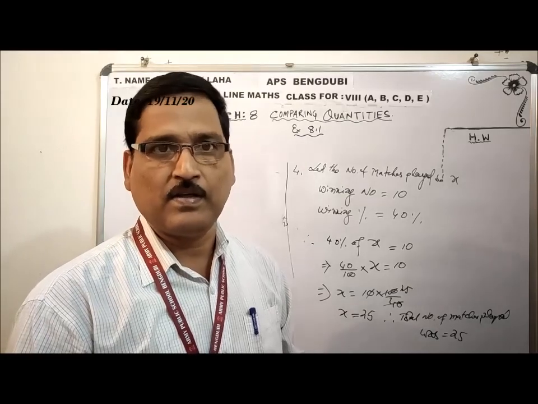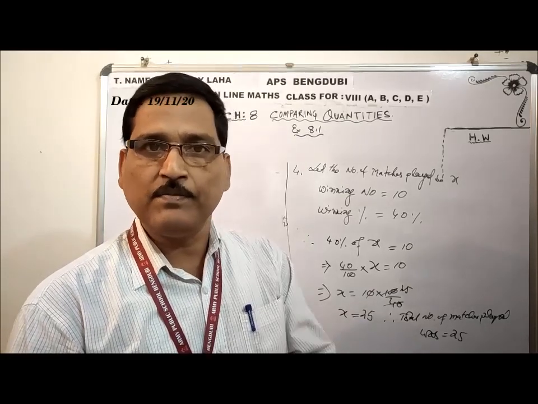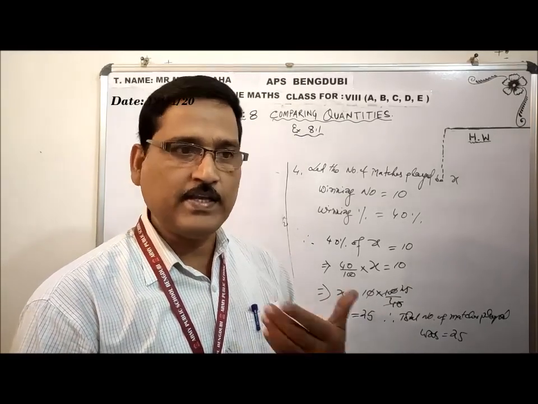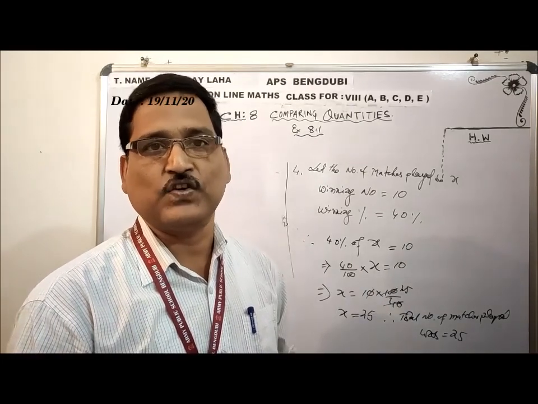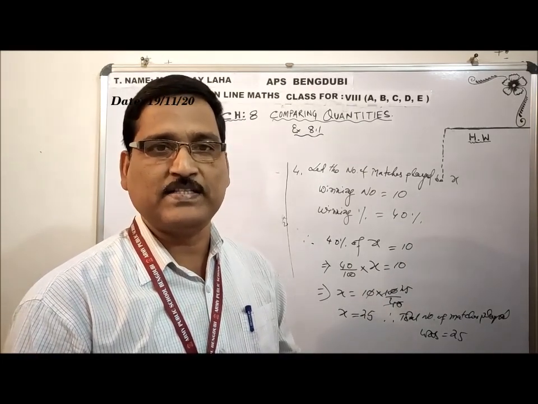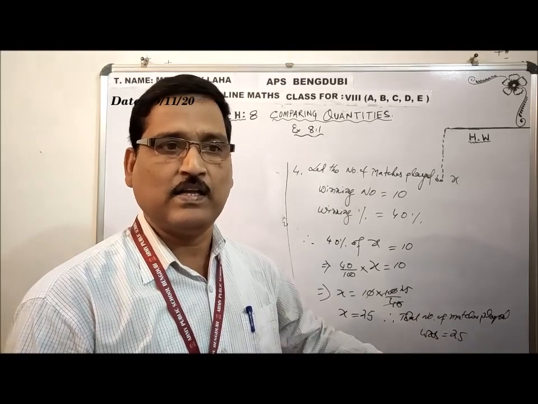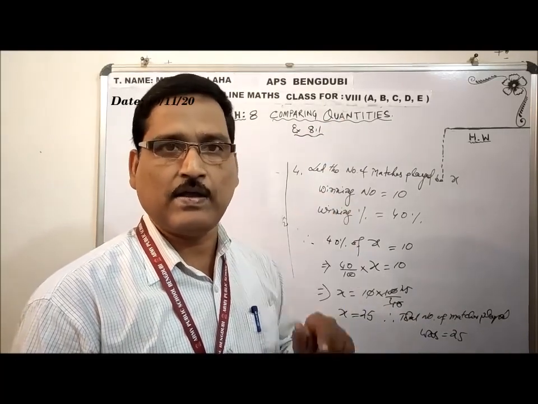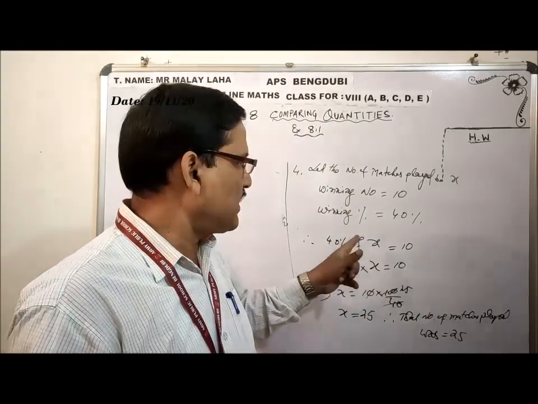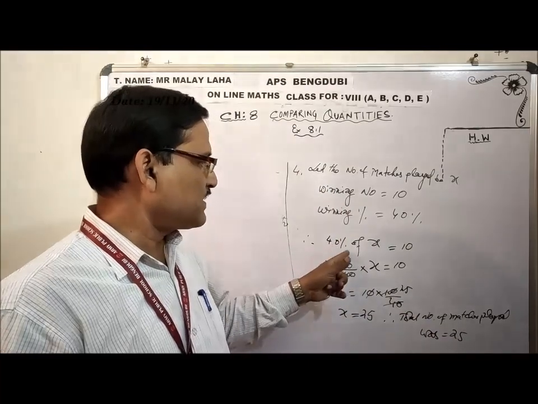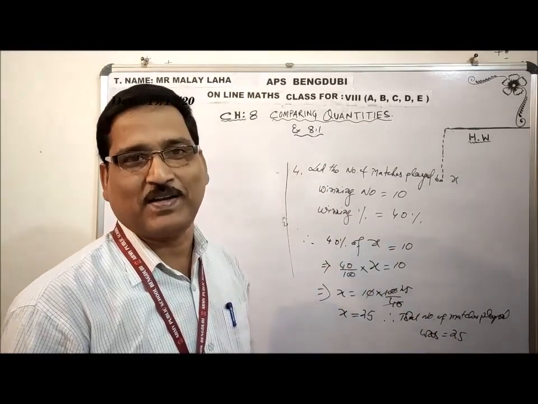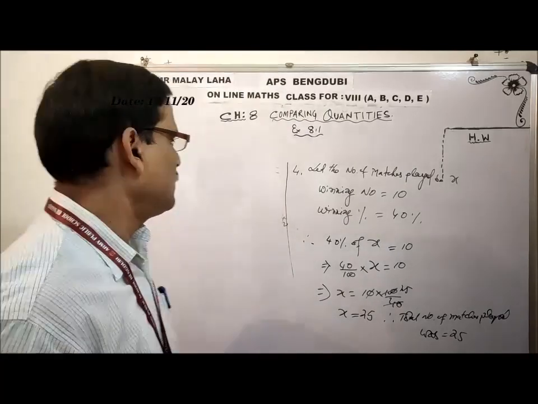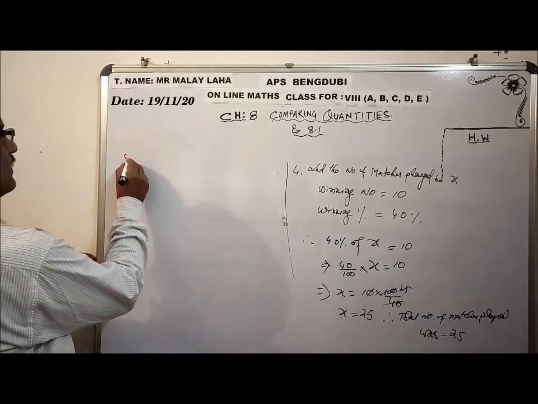The remaining number is equivalent to the remaining percent. Then you can establish a link. Otherwise not. When the spending percent is given and the remaining value is given, you cannot make a link like 40% of X is 10. So what to do here?